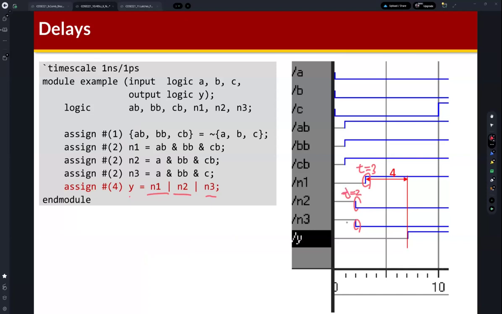So at t equal 2, this will be executed, right? Because the n2 and n3 values are changed at t equal 2. But why is y still x?